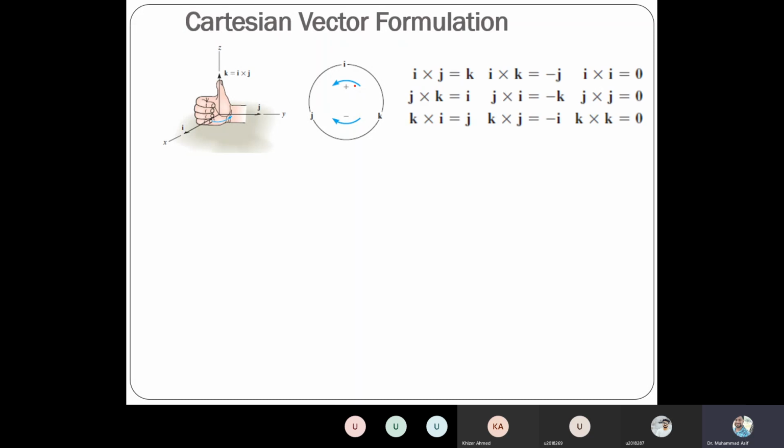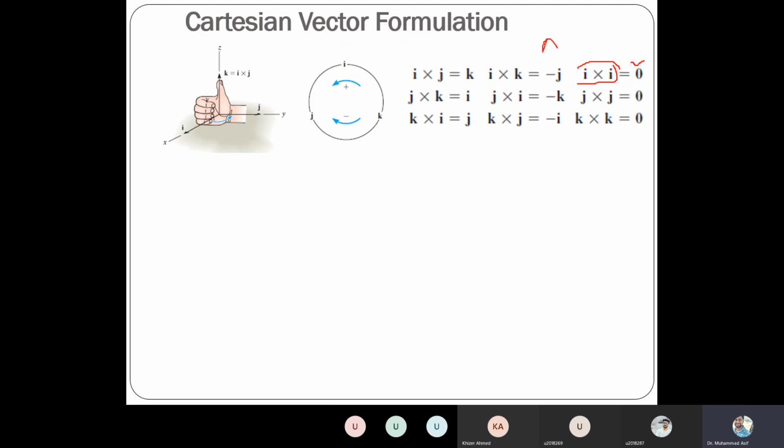I hope you understand this, because you study it from high school, even in calculus. So you know that I cross J will give you K, and if the same Cartesian vector takes the cross product, that will give you the zero vector.